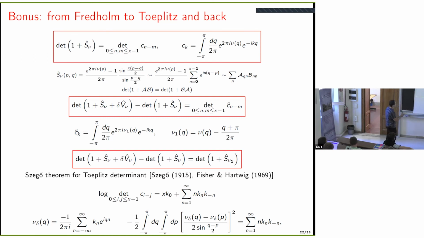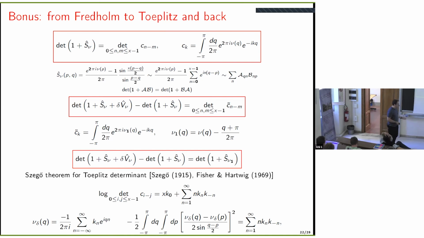First we have to establish the relation between our Fredholm determinant with our assigned kernel and the Toeplitz one, and it's done by this formula. The proof more or less uses the fact that AB is equal to BA.